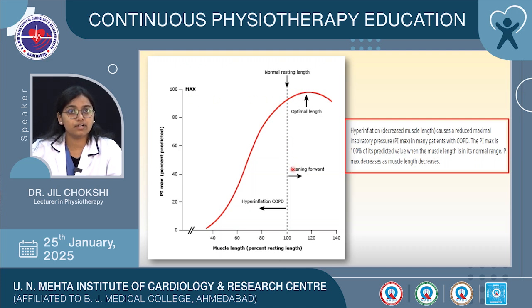As you lean forward, muscle length is decreased and the PI max reduces accordingly. Third one is the hyperinflation. In hyperinflation, there is a decrease in the muscle length which causes the reduced inspiratory muscle pressure in many patients with COPD. In simple terms, PI max decreases as the muscle length is decreased.